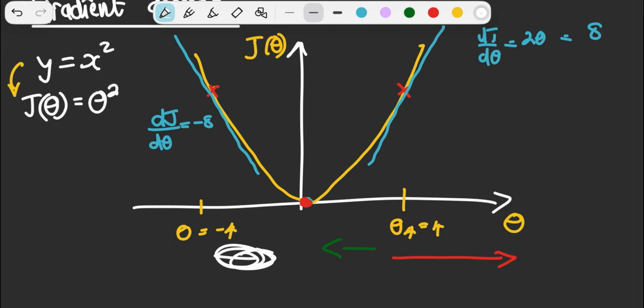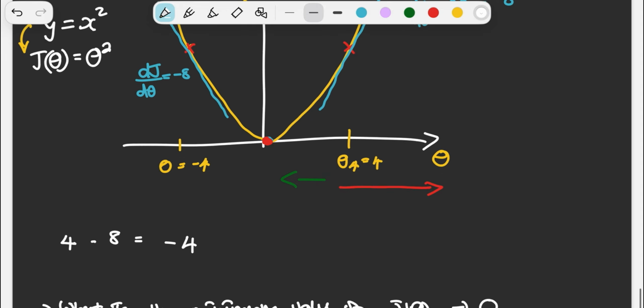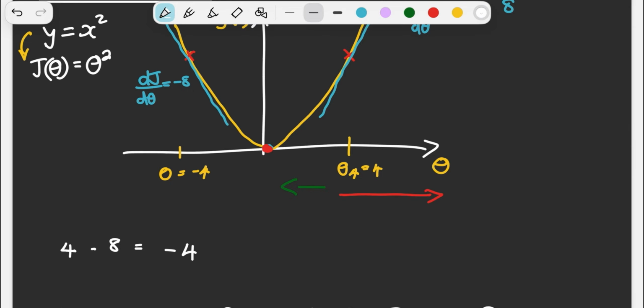So you can move in the opposite direction: -4 minus -8. You subtract that negative gradient again, and you end up with 4. Then you go to the other side, you go back, and you keep on oscillating in this manner.